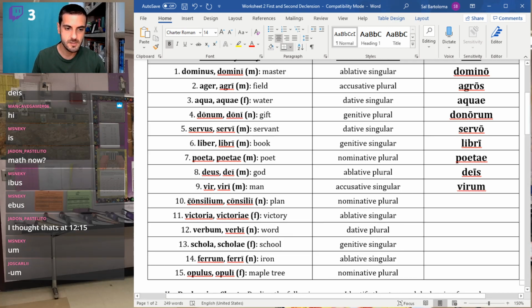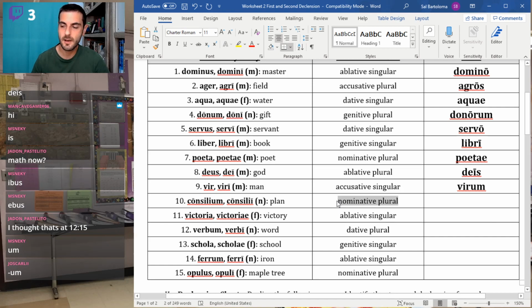Concilium, concilii is second declension, and it is neuter. So the alarm bells start to go off because neuter means something's weird. And neuter is weird in the nominative and the accusative. Oh God, it's nominative. Now it's like the 5-alarm fire is going off, right?